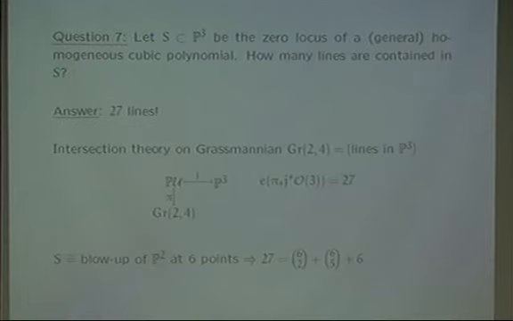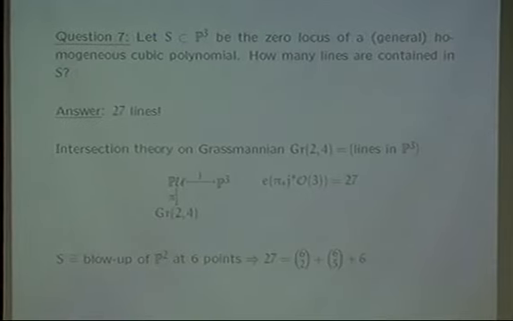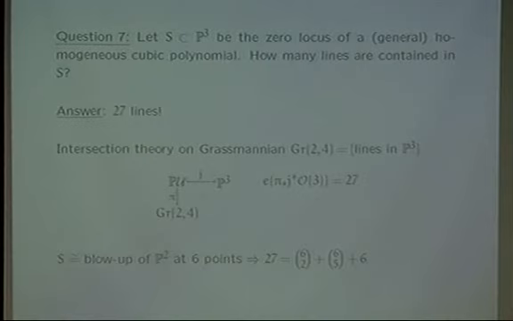This problem is a very classical problem, and this is one of the examples that everybody learns in a first algebraic geometry course. It's one of the beautiful results that you learn in the first course. Suppose S in P3 is a surface. So this is three-dimensional space, and S is the zero locus of a homogeneous cubic polynomial.